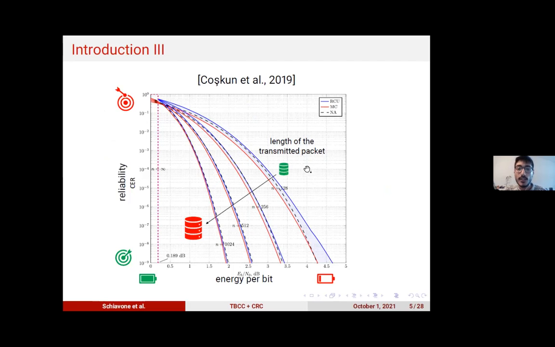If you see here, these blue and red lines represent the theoretical bound, so the best we can do with codes of certain lengths for a rate 1/2, so when the redundancy is the same amount as the information.